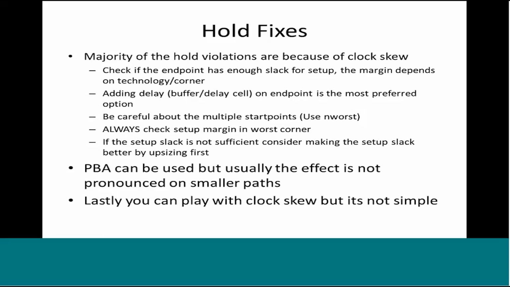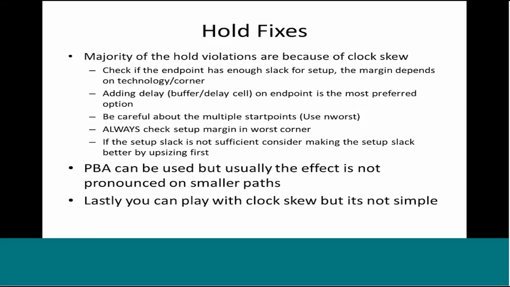It doesn't help you. What will happen if the setup slack is not sufficient? What can you do? Usually this is the case when there are cells with multiple start points and a single endpoint which is violating. One start point has a long combinational path, the other start point has very little combinational logic.